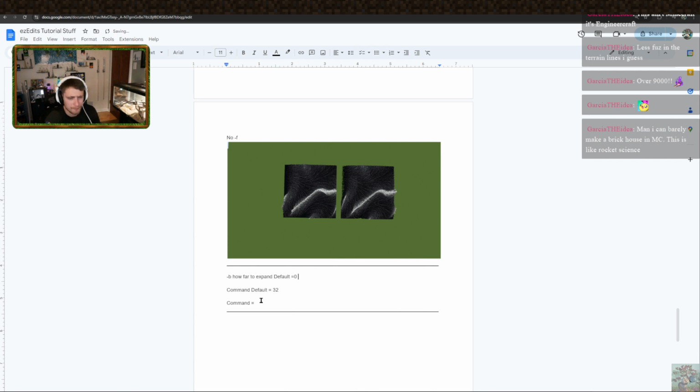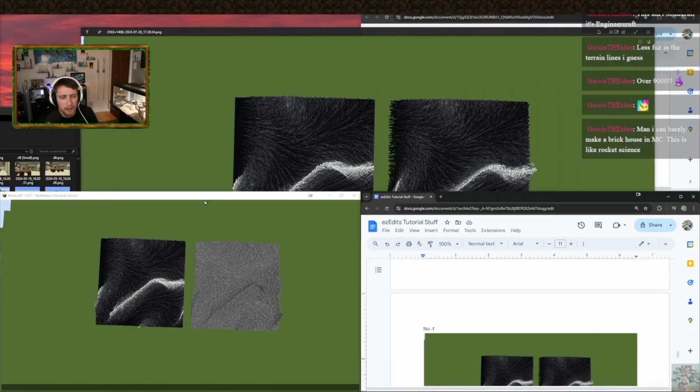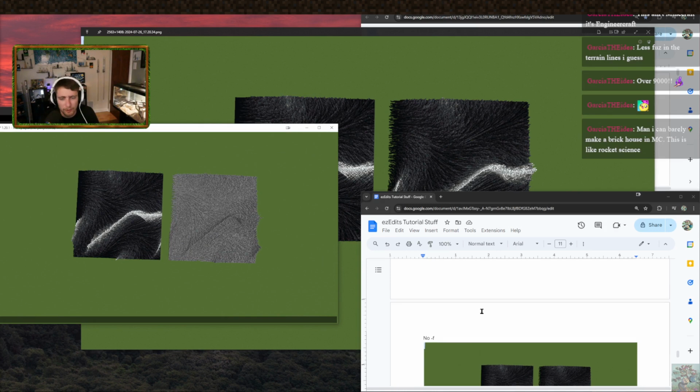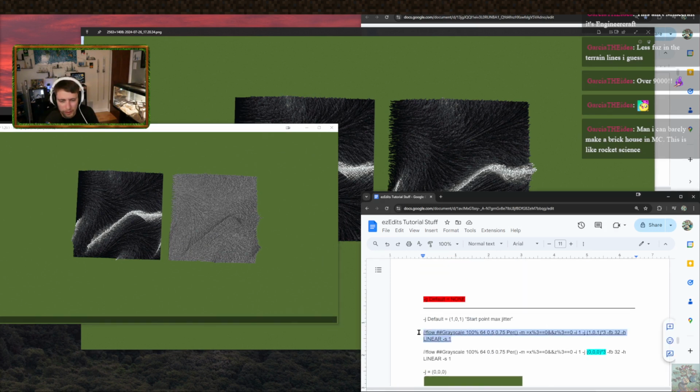Okay. Dang it. If I can freaking type minus, there we go. Minus b equals, let's do like 5 just so it's a smaller number, closer to 0. Maybe 2 or something would work, but we'll try 5 just to see what that looks like, and then we'll go from there. Let me grab, again, default.